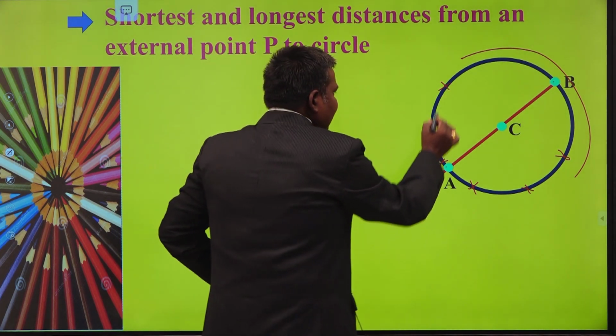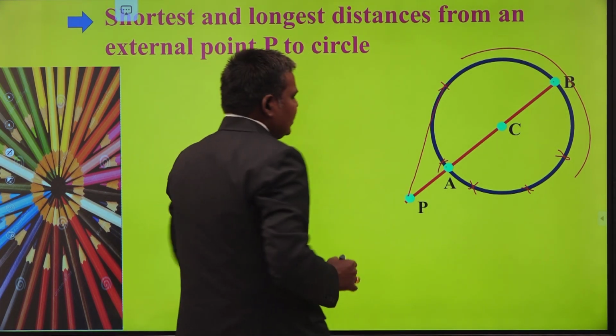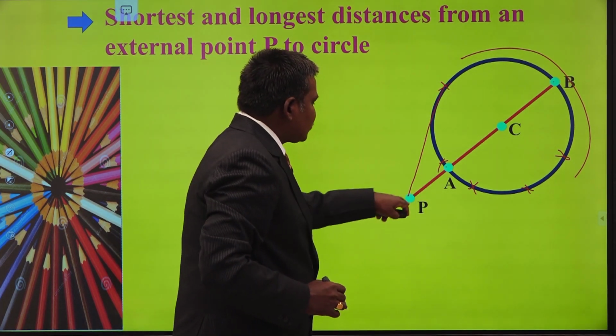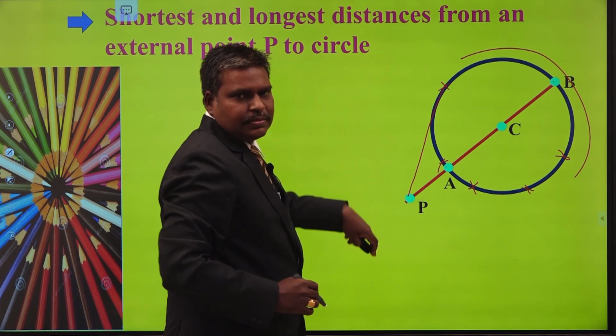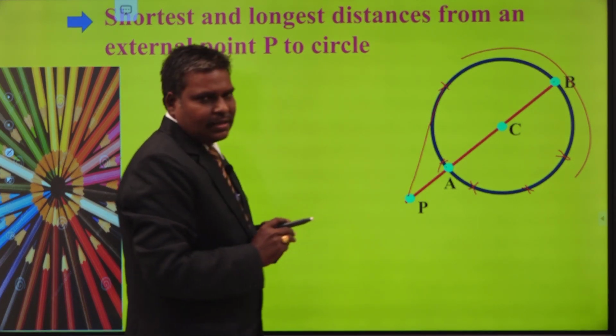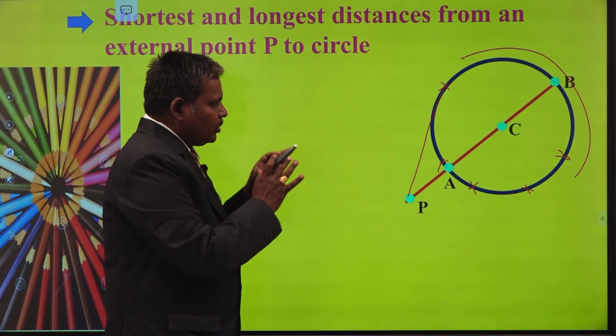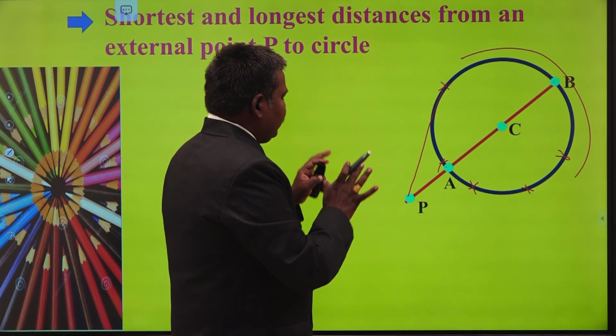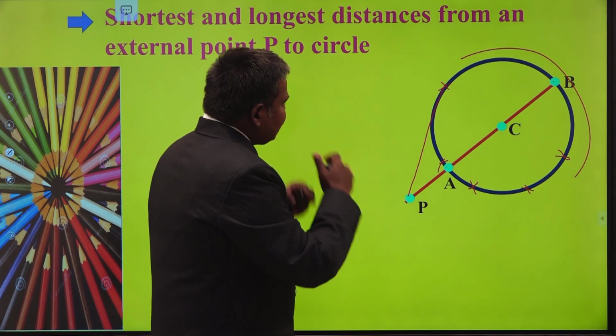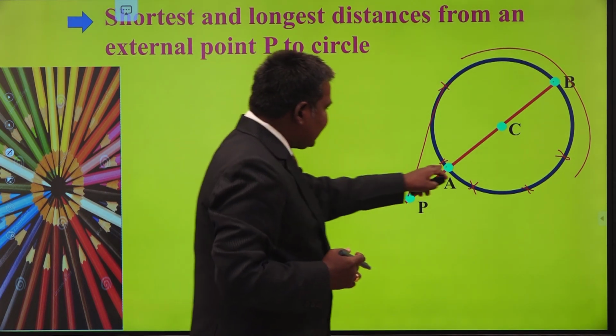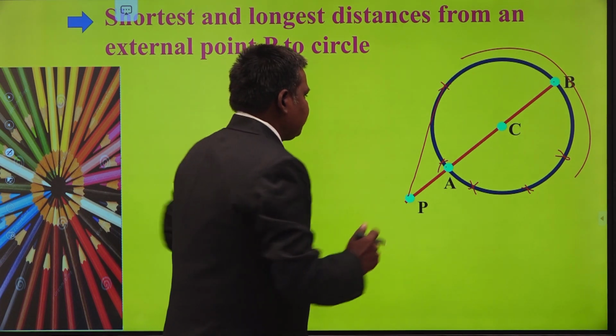If you take a point here, the distance from here to here is shorter than this distance. By looking at it you can conclude, but is there any theory, without looking at the diagram, to show that this is the nearest point? Yes, we have theory.